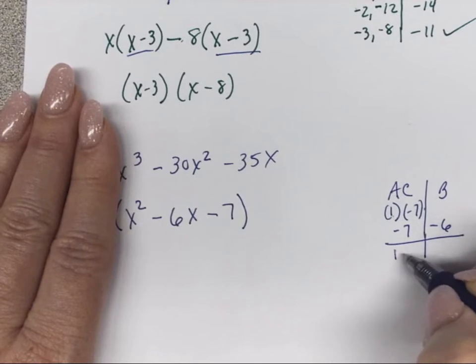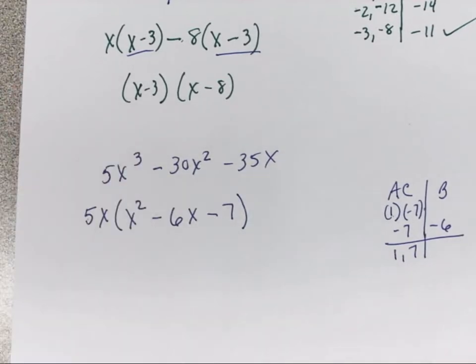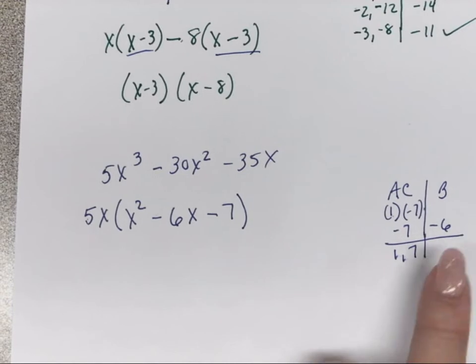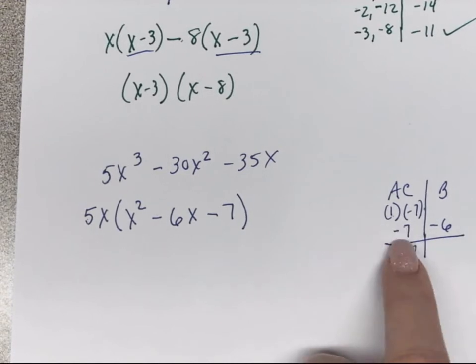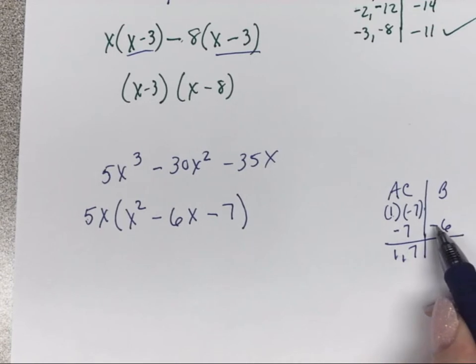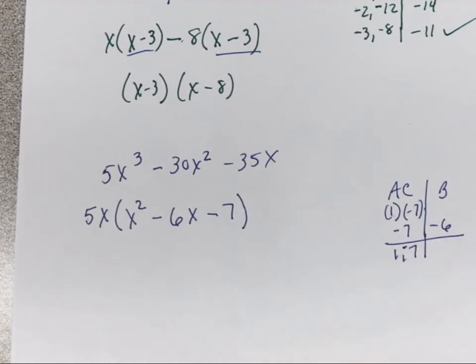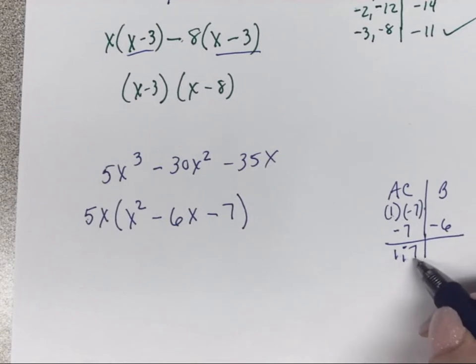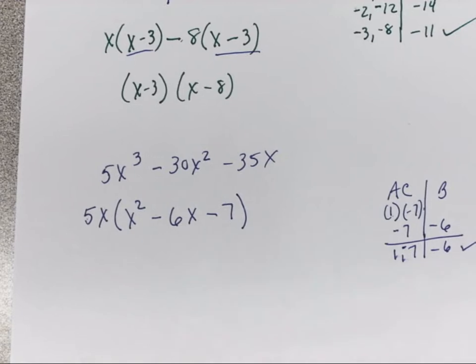So start with 1 and 7. One of the numbers will be negative to get my negative over here. It has to be the bigger one because I'm trying to get the number to be a negative. So 1 times negative 7 gets me negative 7. When I add them, I get negative 6. Oh, nice, we're already there.